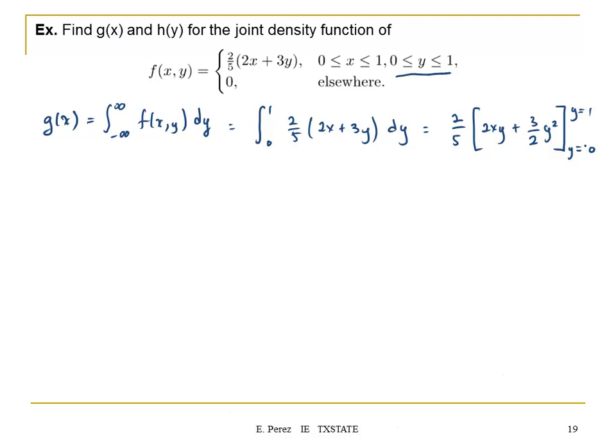So if you solve this, this is going to be equal to 4xy divided by 5 plus 3 over 5 times y squared from y equals 1 to y equals 0. So this is equal to 4x plus 3 divided by 5, for x within 0 and 1.